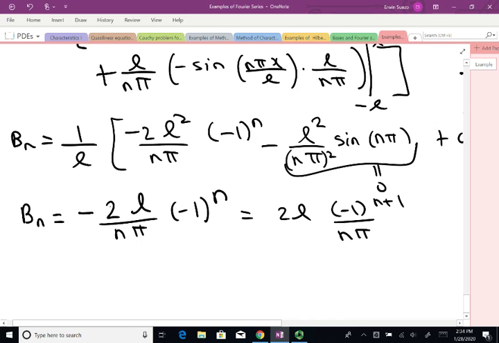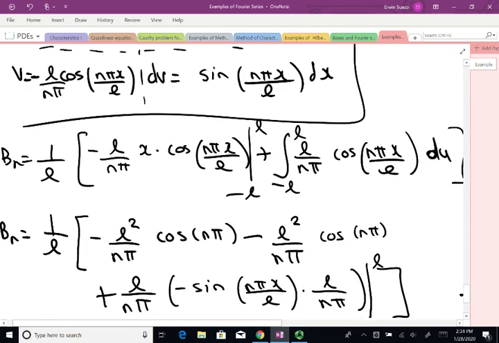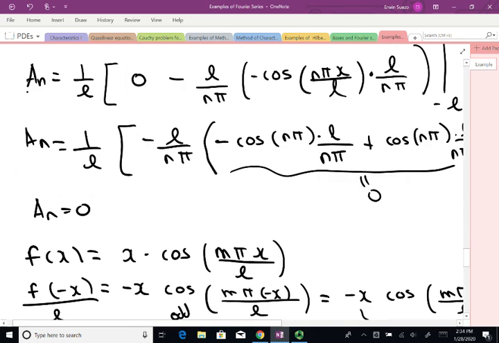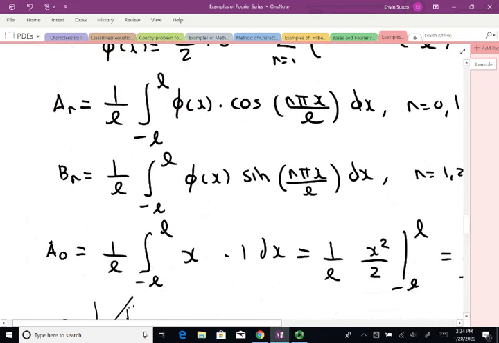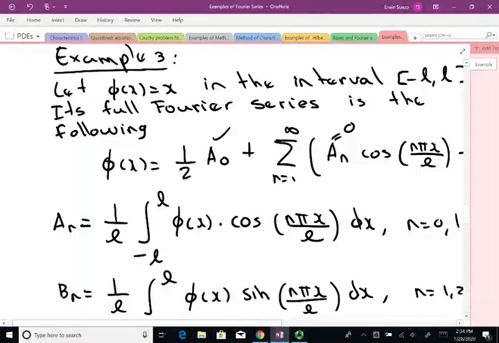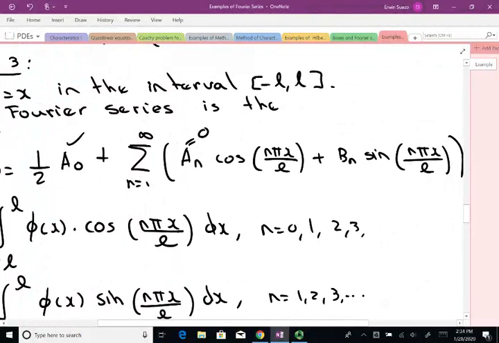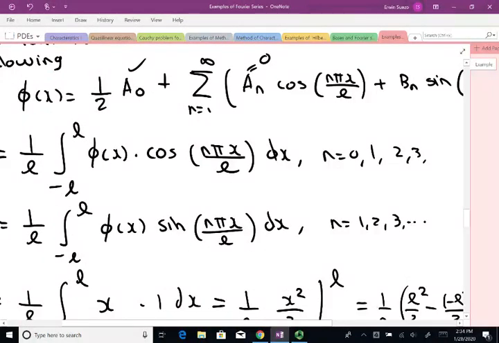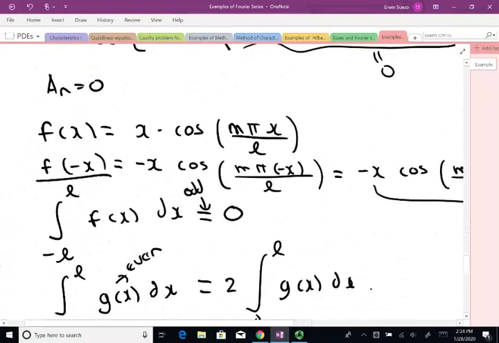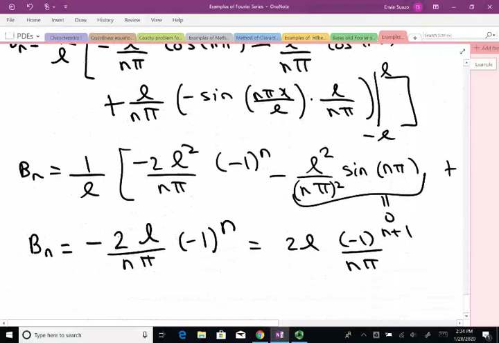Okay, so it turns out that this is exactly the same. Let's write it. So my series finally, this cosine gets annihilated, but this b sub n are okay. So my final answer is phi of x, in this case x, right?